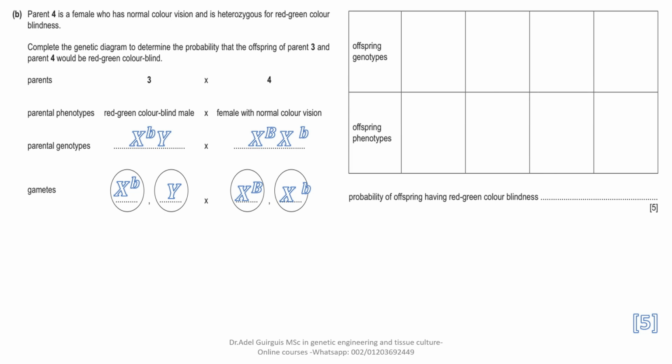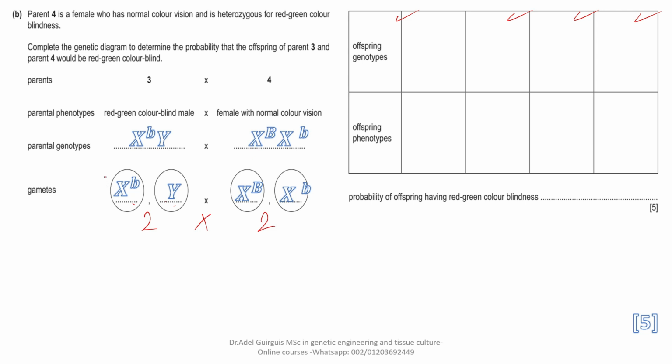Offspring genotype: how do these gametes fuse together to form offspring? 2 types of gametes times 2 types of gametes, so 2 times 2 equals 4. First, second, third, fourth. These are the offspring genotypes.